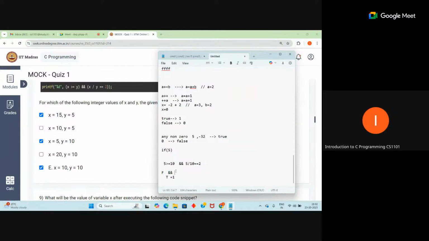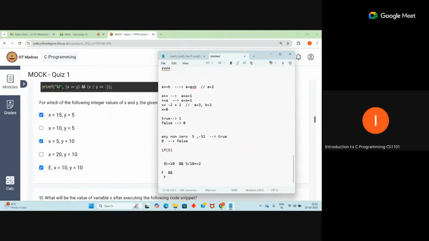This condition will not be checked, and directly it will return false. False means 0. So simply by seeing this, we got that it is false. So the AND condition says that if any one of them is false, the result is false. So it will return 0.